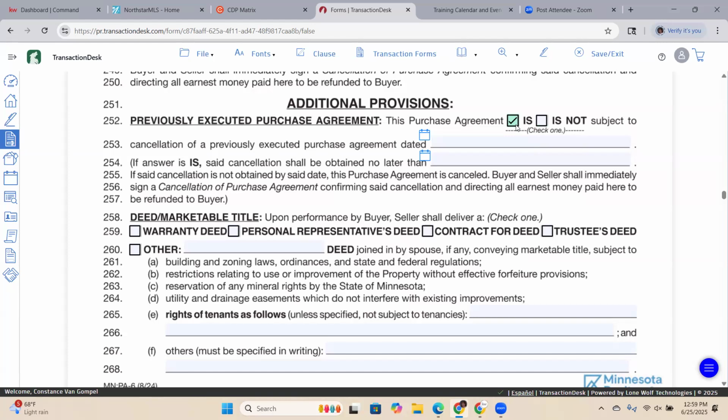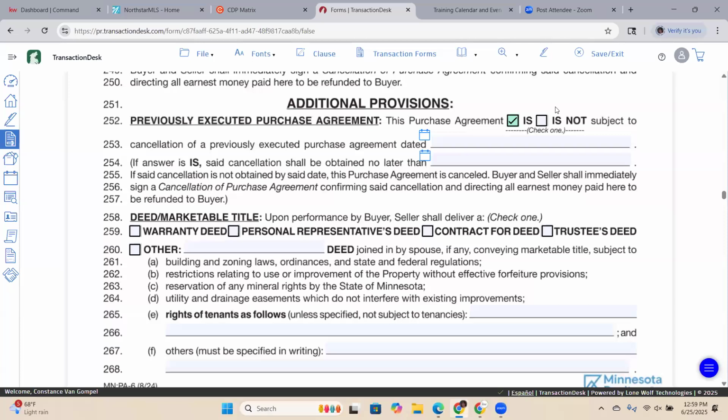Once they reject the initial one, you're starting from scratch, versus countering, where you're still maintaining that first. If you didn't counter and they didn't accept, you're starting over. So if you write another offer on the property that's still on the market, it would be an "is."